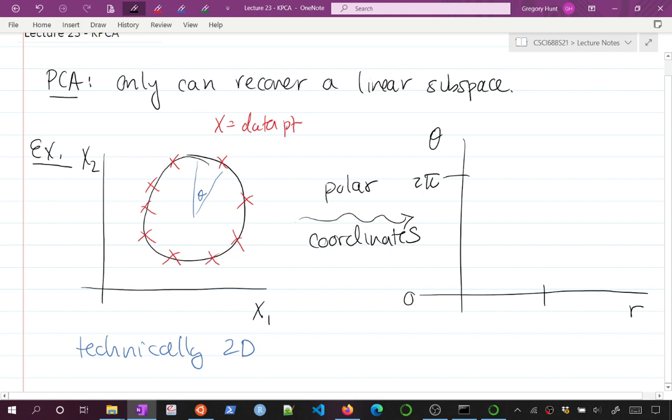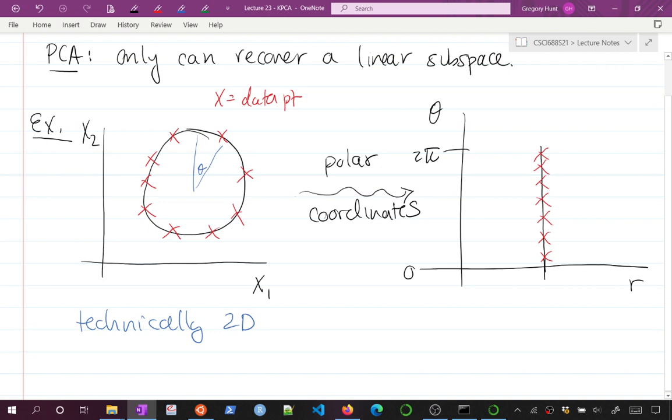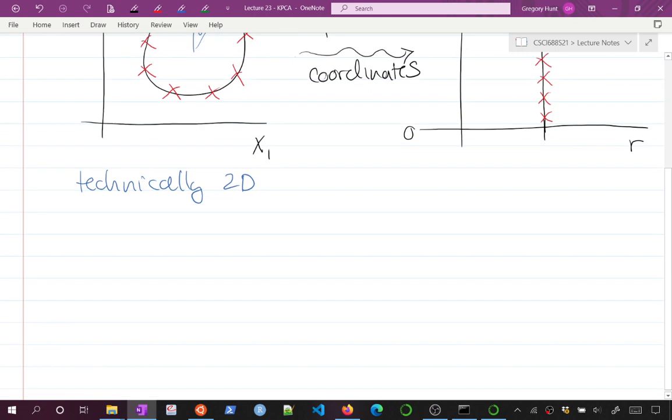Then my data would basically lie on some line, where the radius r defines where it is on the r coordinate axis, and it would span 0 to 2 pi in theta, and my data points would look like this in a polar coordinate space. So this is a one-dimensional subspace of a polar coordinate space that can summarize my data. Under the right transformation, you can see that my data is really just one-dimensional.